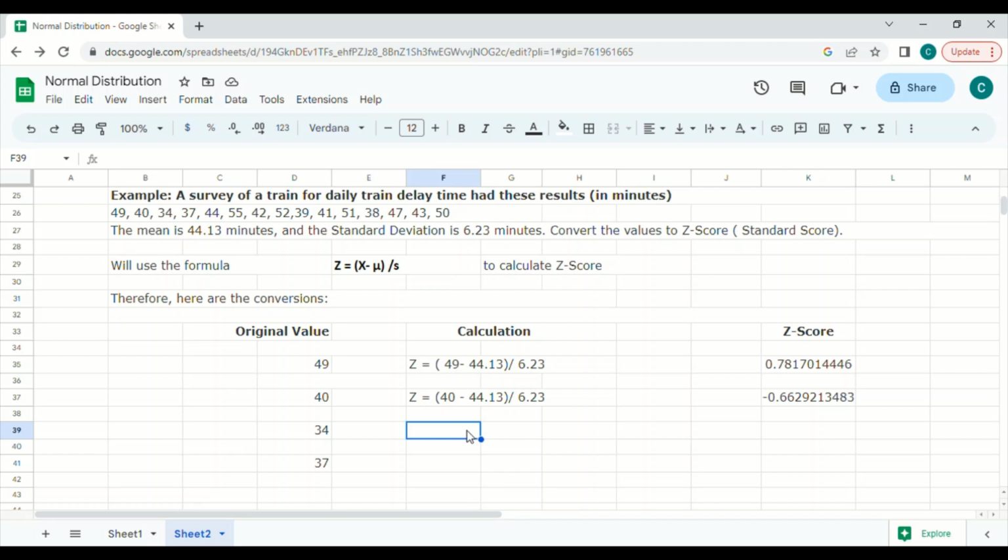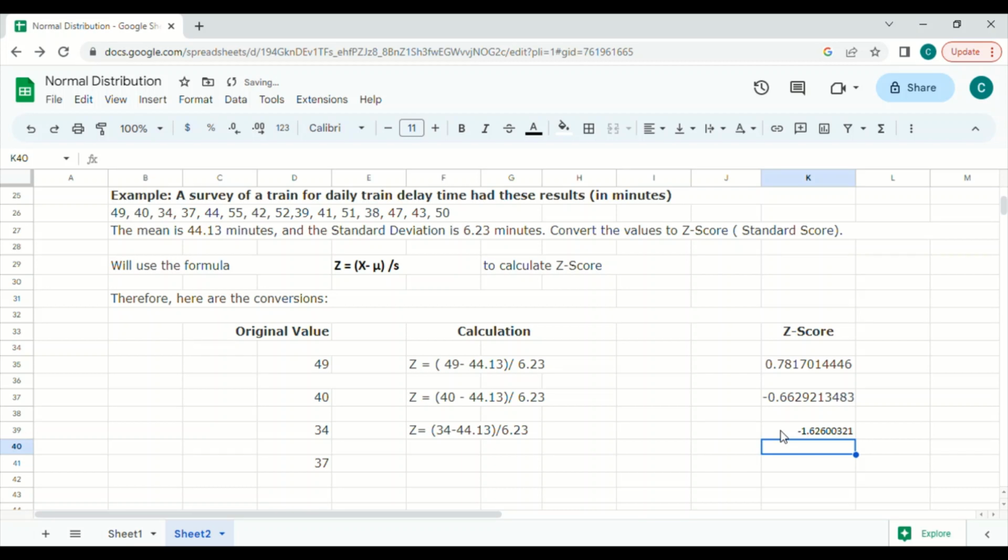Similarly, we can calculate the z-score for x value 34. Z-score equals x, which is 34, minus mean, which is 44.13, bracket close, divided by standard deviation, which is 6.23.